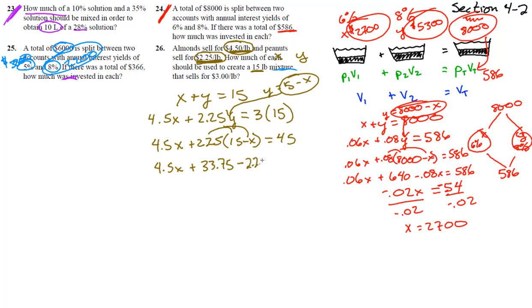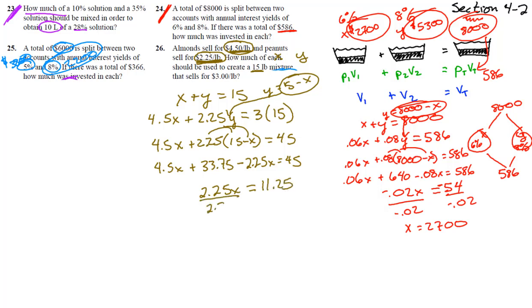Minus 2.25x equals 45. So combine the x's together. 4.5 minus 2.25 happens to be 2.25x. So we took that minus that and got 2.25x equals 45 minus 33.75, which is 11.25.